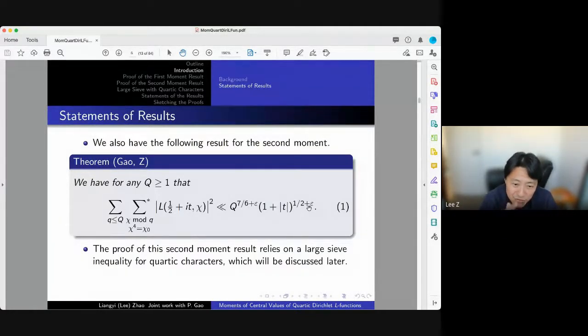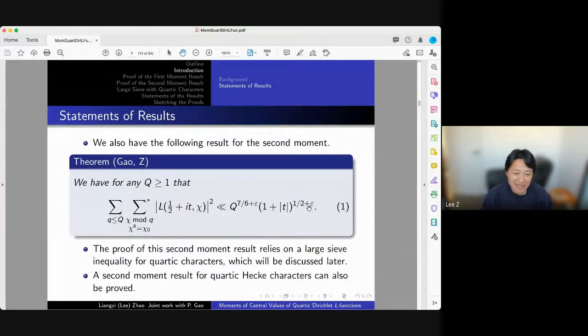So the proof of this second moment result relies on a large sieve inequality for quartic characters, which will be discussed later if I have time. All right, and the second moment result for quartic Hecke characters can also be proved. So instead of chi here, I may have some other average value over some Hecke characters.